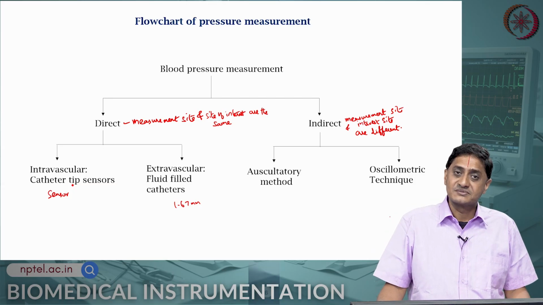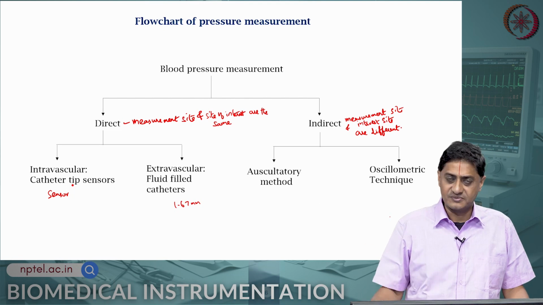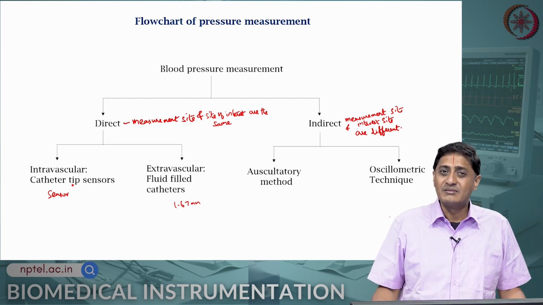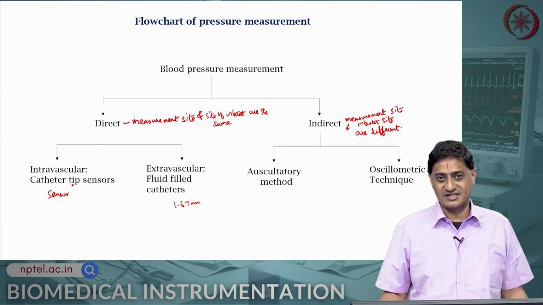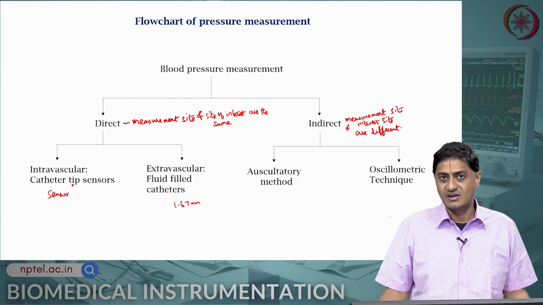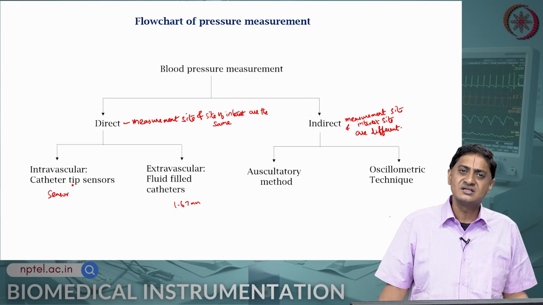Indirect measures use a different metric to measure pressure, or measurement from a different site, for example, to measure blood pressure. The most famous of this is, of course, what you see in the primary care setting.